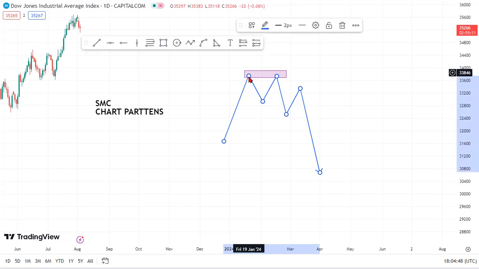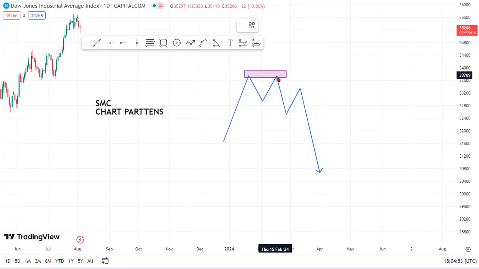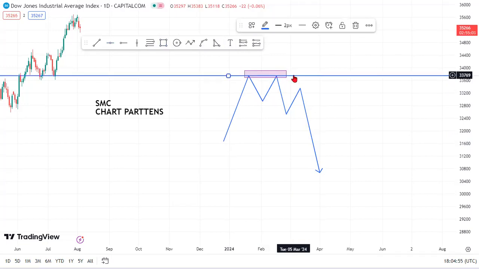It came to your resistance level, it touched, came back down, created a lower low, yeah? It came back to your zone and broke this lower low, which is called a change of character.